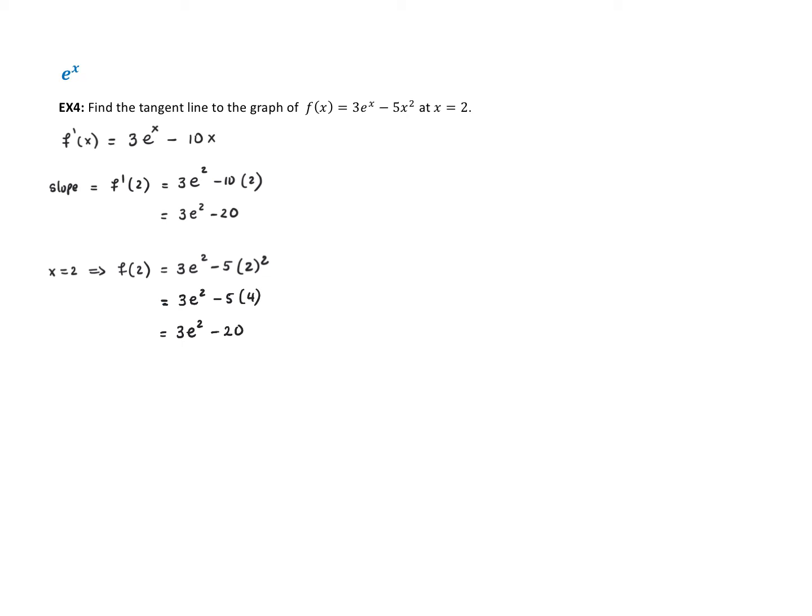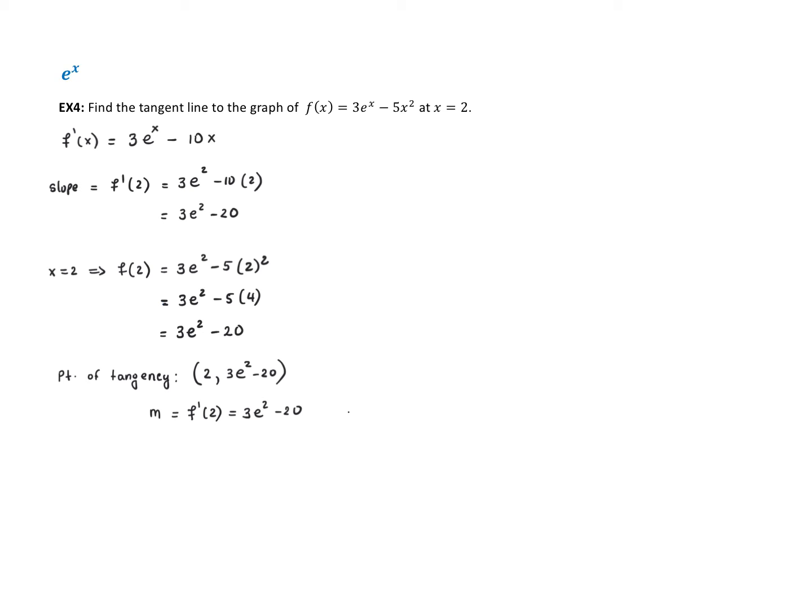So that means that the point of tangency is going to be the point with x value of 2 and a y value of 3e squared minus 20. And the slope of this line is going to be f prime of 2, which we already know is 3e squared minus 20.